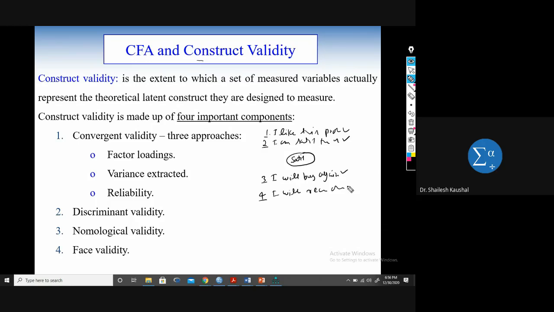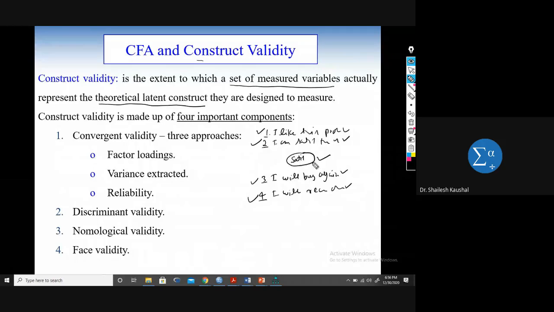All are questions explaining the concept of satisfaction. If you are satisfied, then you will buy that product again. If you are satisfied, then you will recommend it to others. If you are satisfied, you will like the product. If you are satisfied, you will say I am satisfied. So these are the set of measured variables actually representing the theoretical latent construct. What is the latent construct? Satisfaction, which they are designed to measure.